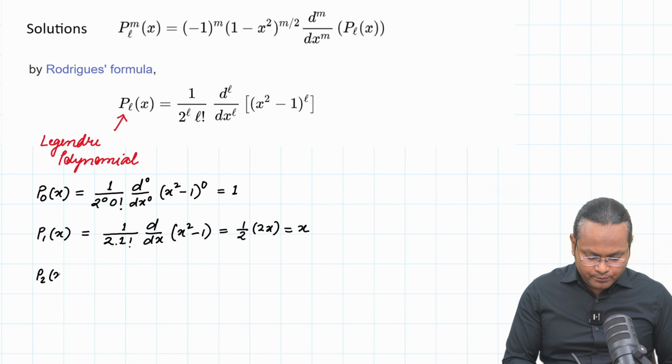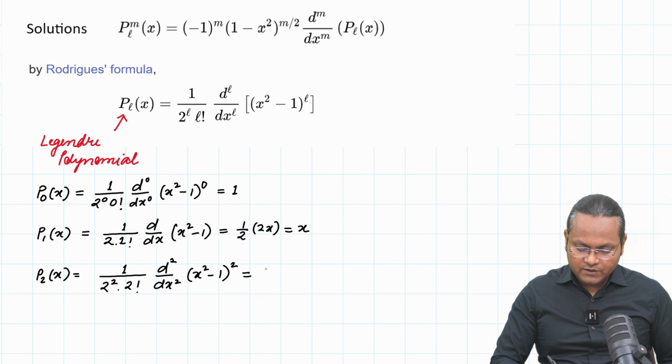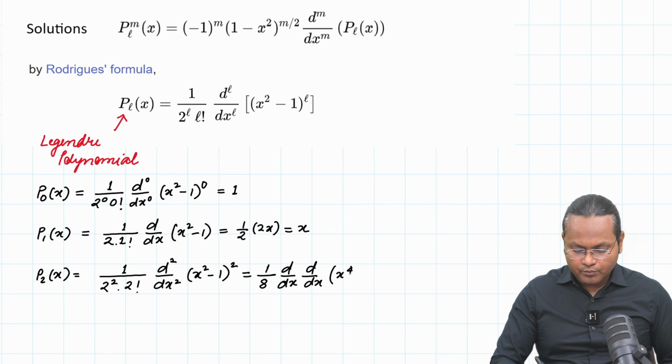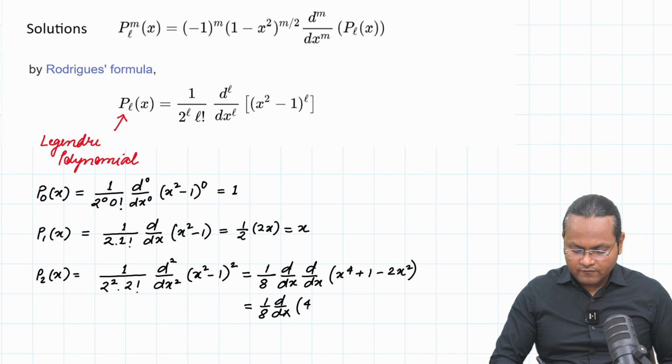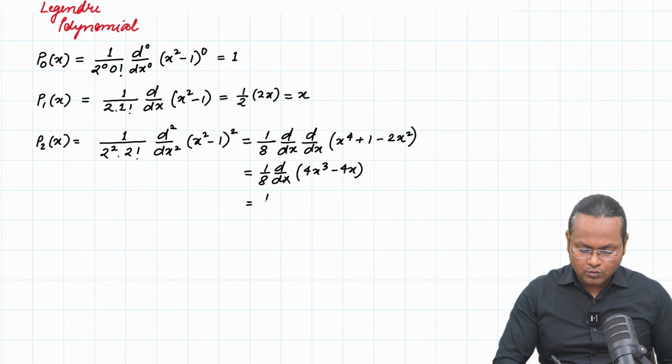Now if I go to P2, this is of course 1 upon 2 to the power 2 times 2 factorial, d2 upon dx2 of (x square minus 1) to the power 2, which can be simplified as 1 upon 8 d by dx of d by dx of x to the power 4 plus 1 minus 2x square, which ultimately becomes 1 upon 8 d by dx of 4x cube minus 4x, and further it becomes 1 upon 8, this is 4 into 3, 12x square minus 4.